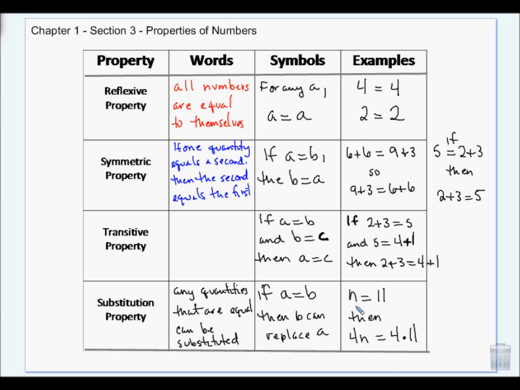So I can take the n out and put the 11 in. They represent the same quantity.